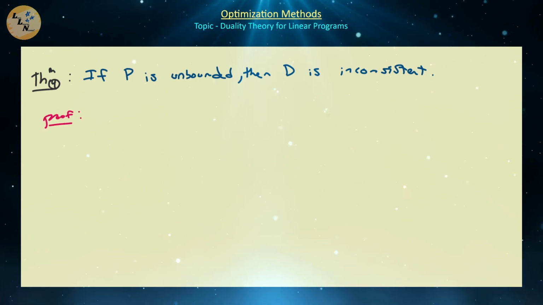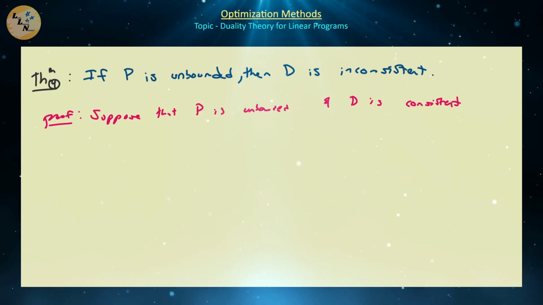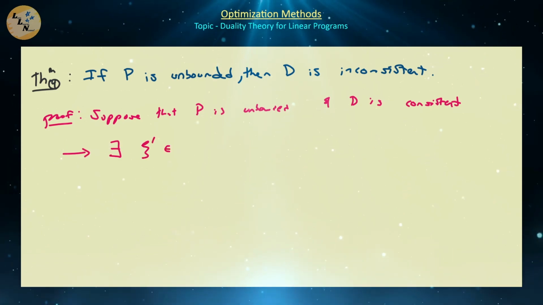So how do we actually go about proving this interesting result? We're actually going to go ahead and prove this by contradiction. So suppose that P is unbounded and, on the contrary, that D is consistent. So if D is consistent, then that means that there exists at least one number, let's call it psi star, that belongs to the feasible region of D such that the following inequality holds.